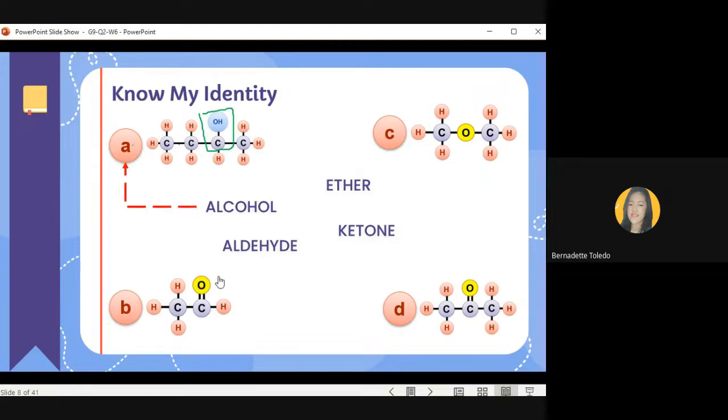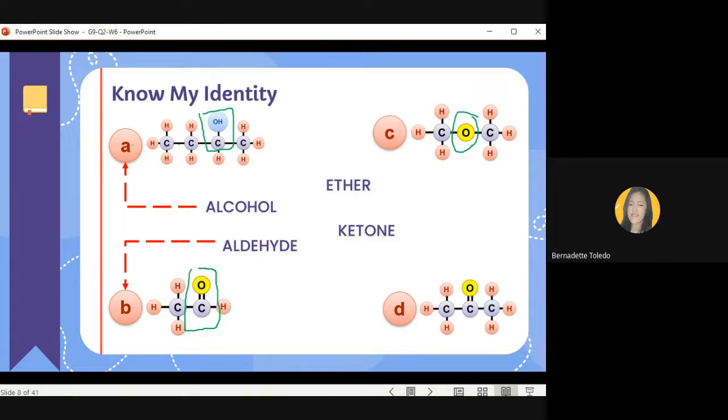Ayan. Now for another one, letter B, we have this carbonyl group at the end of the carbon chain. So if we have carbonyl group at the end of the carbon chain, that is an example of an aldehyde. Next, letter C, we have an oxygen in between two carbon chains.